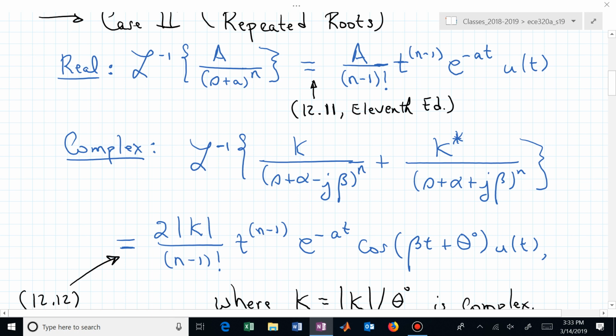They're basically like 2 different rows in your Laplace transform table. One is when you have a real root or a real pole at s equal minus a, and the other case is when you have complex conjugate poles that are repeated. Repeated means that you just have a bunch of them on top of each other.